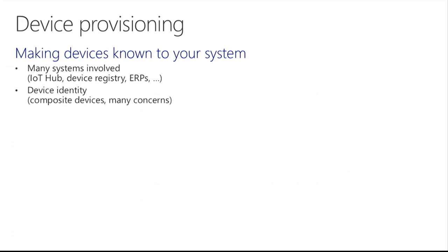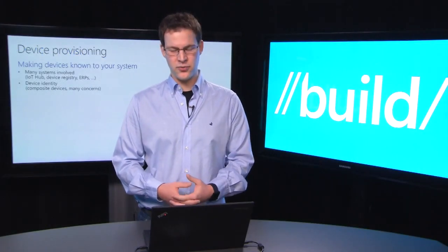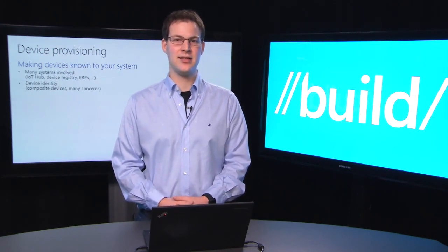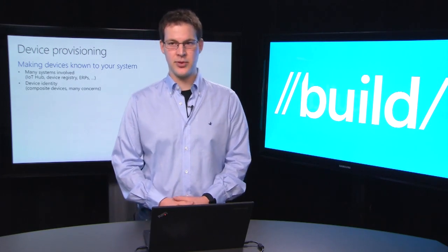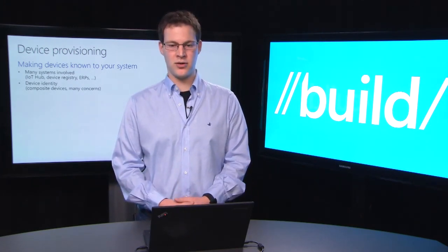Not only that, the concept of device identity that we're going to use in this talk is related to the identity from a connectivity perspective. In your solution, usually device identity can be a much more complex concept. There could be solutions that have composite devices.